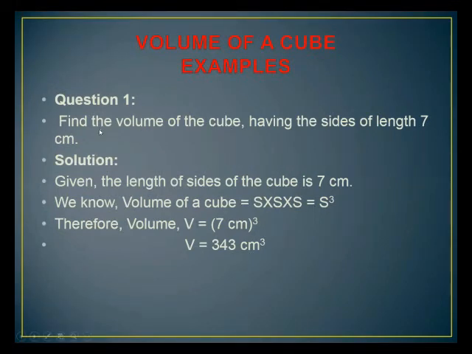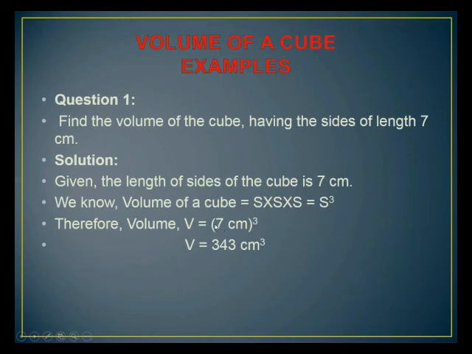Question number 1. Find the volume of the cube having sides of length 7 centimeter. So the length of the sides of the cube is 7 centimeter. We know that the formula of the volume of a cube is given by the product of the three sides, that is s cube. So we replace s by 7 and the exponent of the 7 is 3.